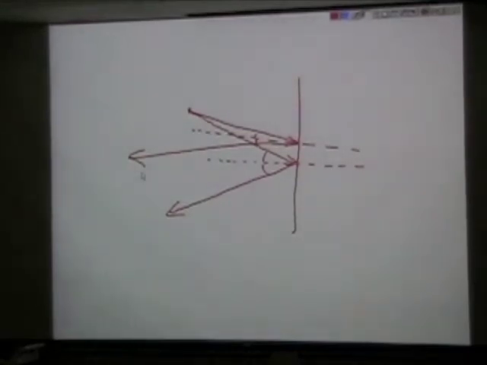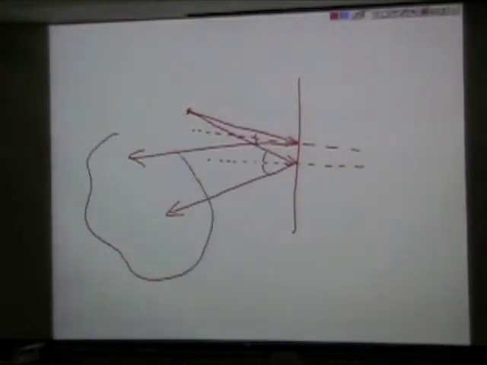They do not converge. An image of a point, an image of a dot, is supposed to be a dot. An image of, I don't know, a clock is supposed to be a clock. So the image of this bulb is supposed to be a small bulb, but that's not the case.